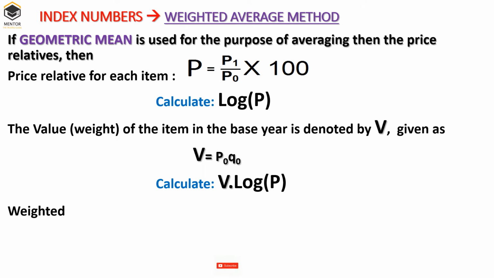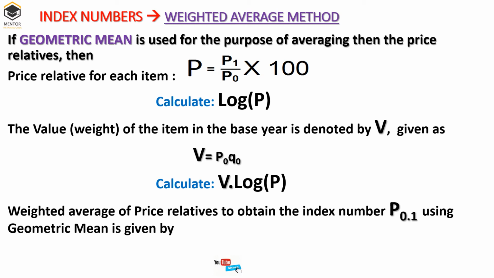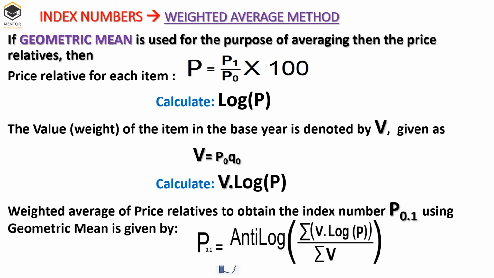The weighted average of price relative to obtain the index number P01 using geometric mean is given by the formula P01 equals antilog of summation V log P whole divided by summation V. How to read this formula?